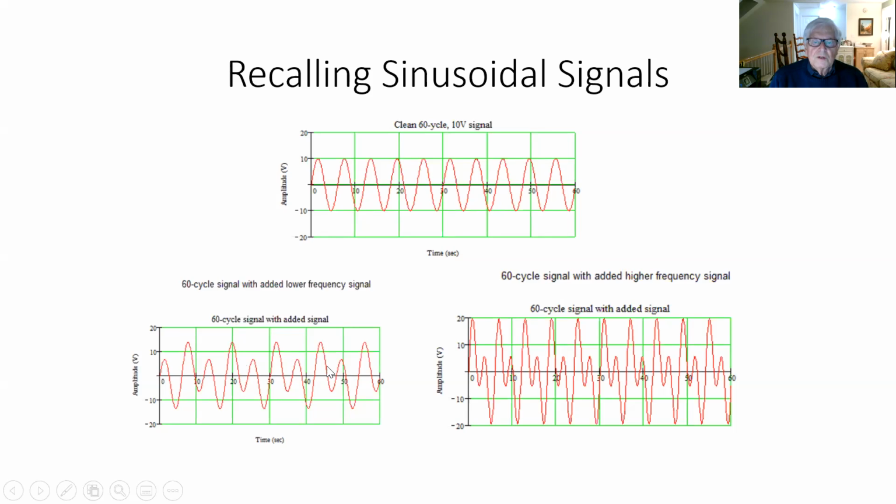Those tell you that there are two frequencies operating. One of them is low and the other one is higher frequency. So the 60 cycle is higher and the other cycle has lower frequency. We can also do the opposite. We can have our 60 cycle with a higher frequency signal in it.